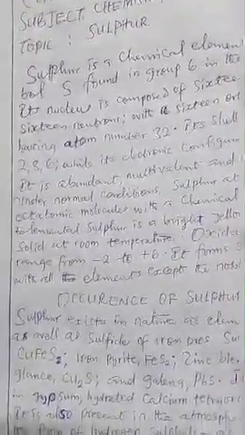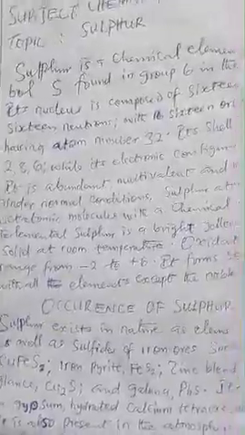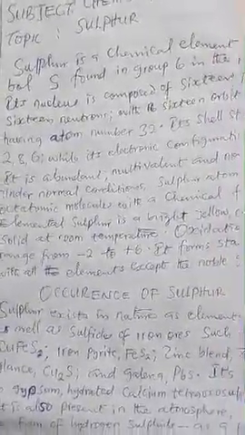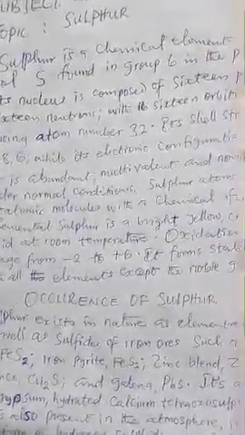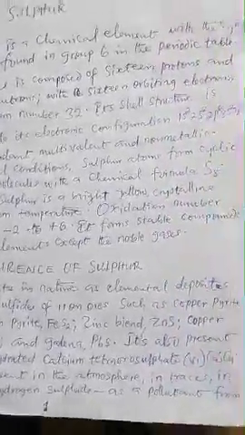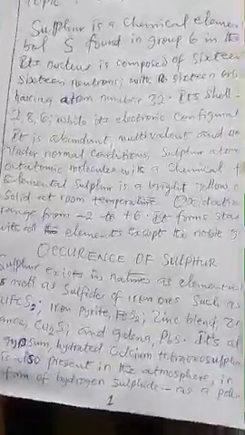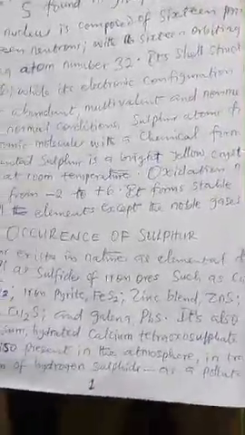But if sulfur gives away the 6 electrons in its outer shell, then it is going to carry +6 as its oxidation number. It forms stable compounds with all elements except the noble gases.